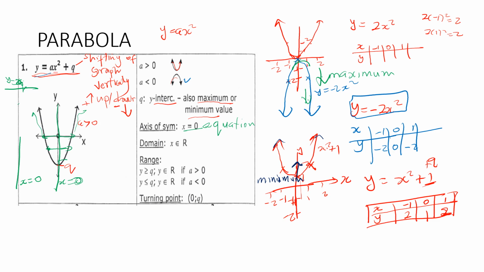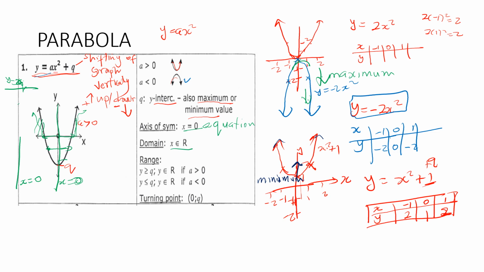So for every point that I touch here going up, I must touch the graph. If I touch the graph, then it means those values do exist. So x will take any real number on the Cartesian plane. That's why we say x is an element of real numbers.